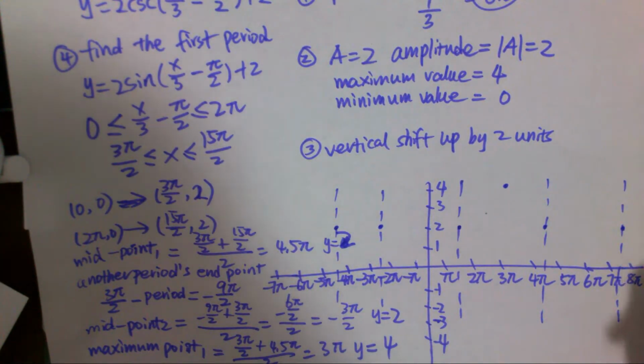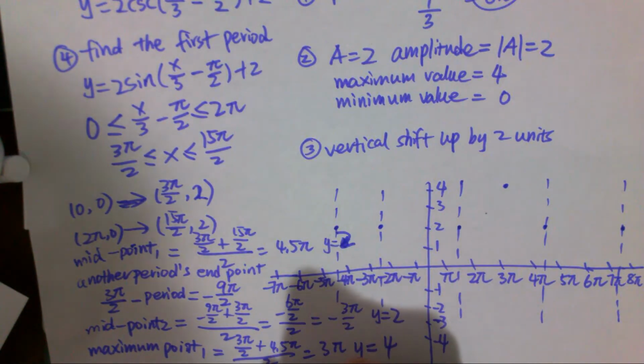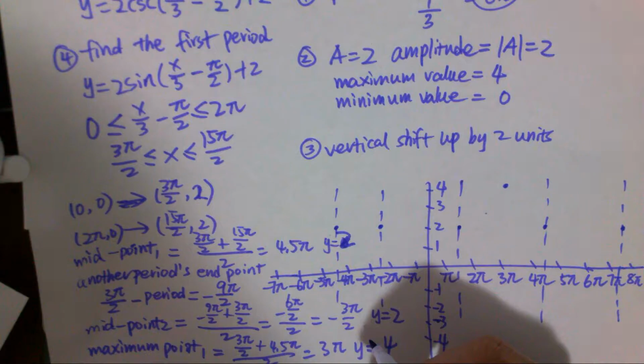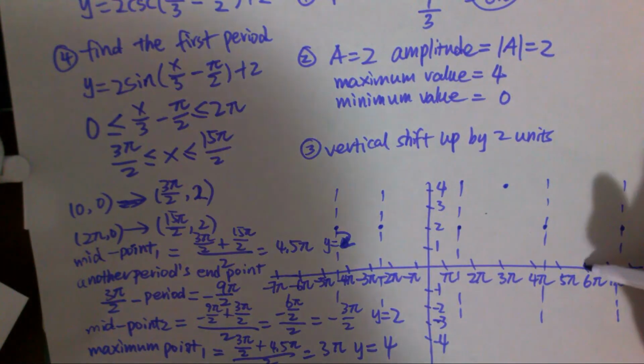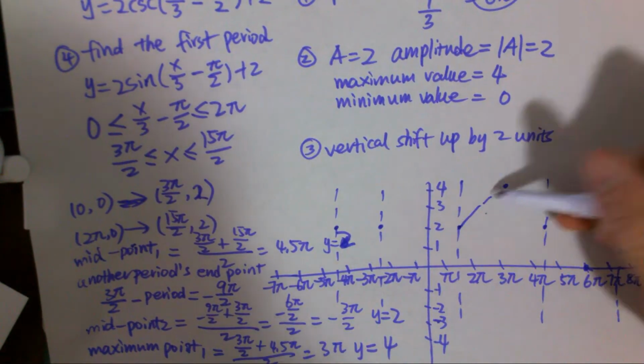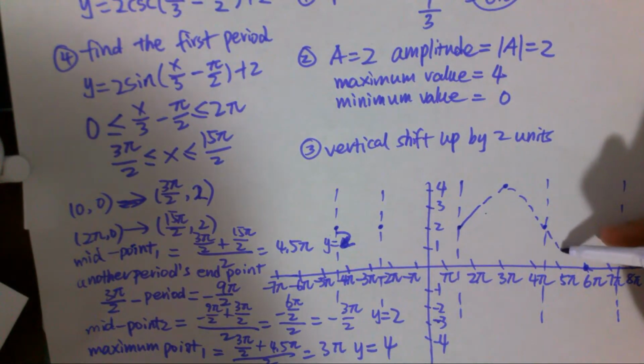That's why I'm taking my time to draw these vertical asymptotes. Once we have those, let's continue calculating the minimum value. I got the minimum value at 6 pi. Now I can do the dot and dash line for our sine function's graph.